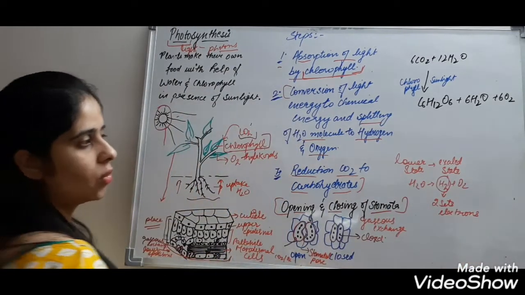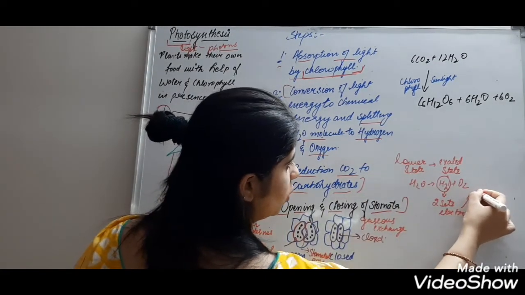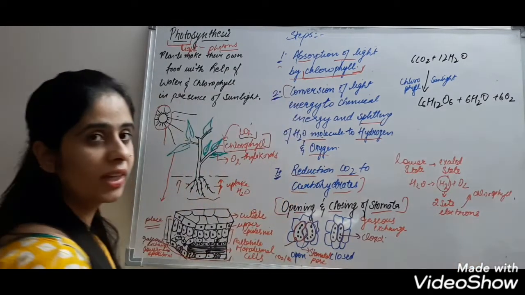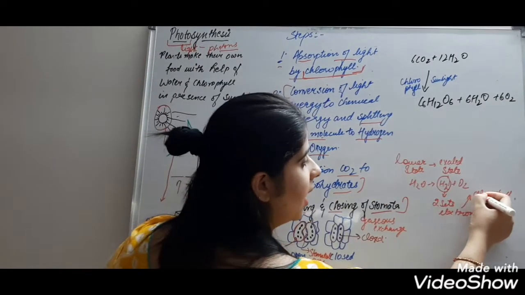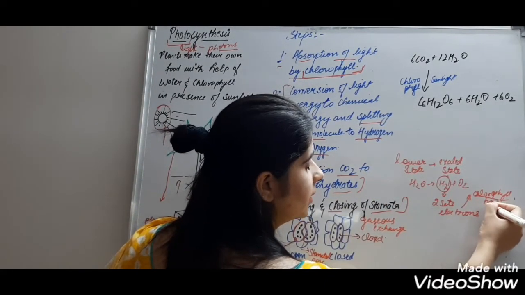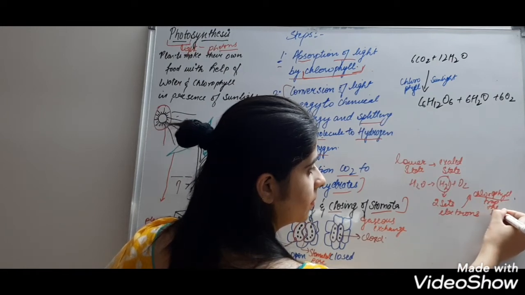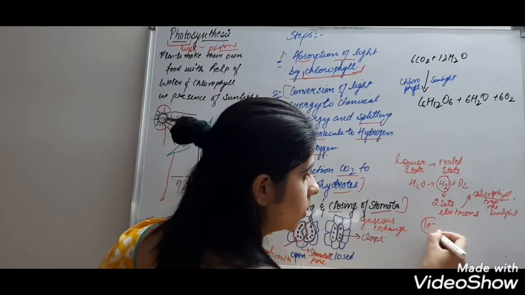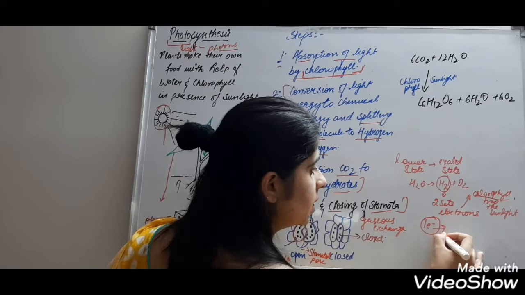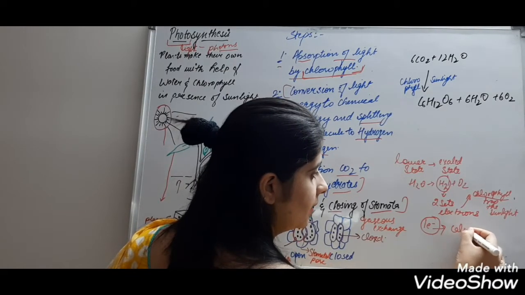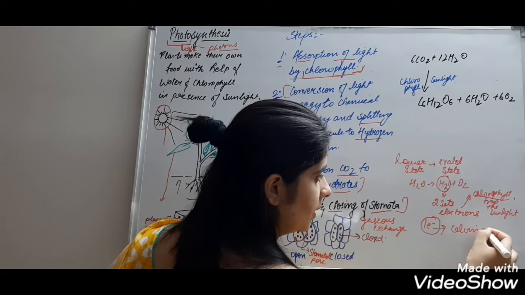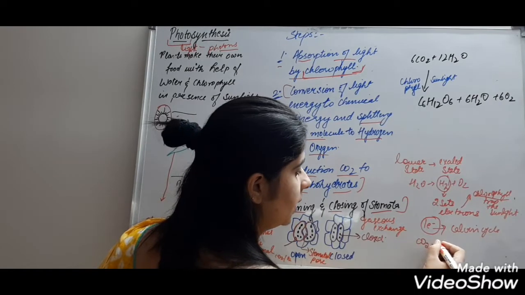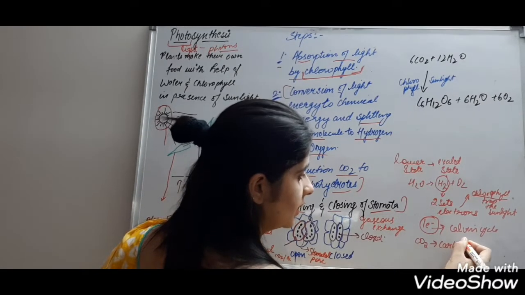From these two electrons, one electron goes back to the chlorophyll so that chlorophyll can again trap the sunlight, and the other electron goes to the Calvin cycle where the carbon dioxide is converted into carbohydrates.